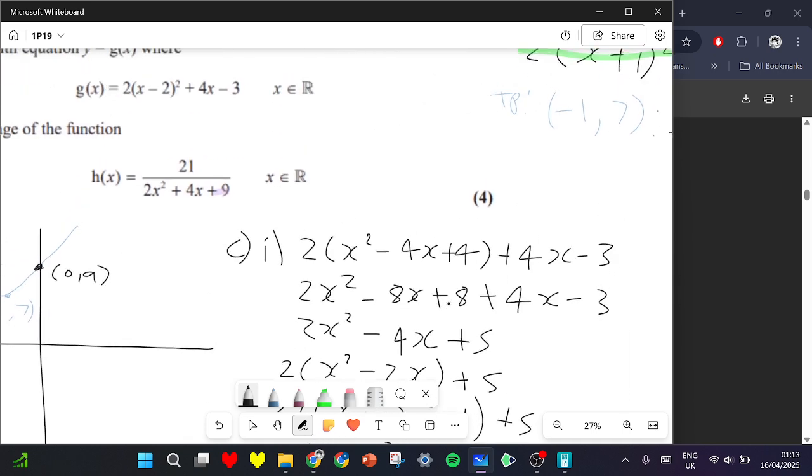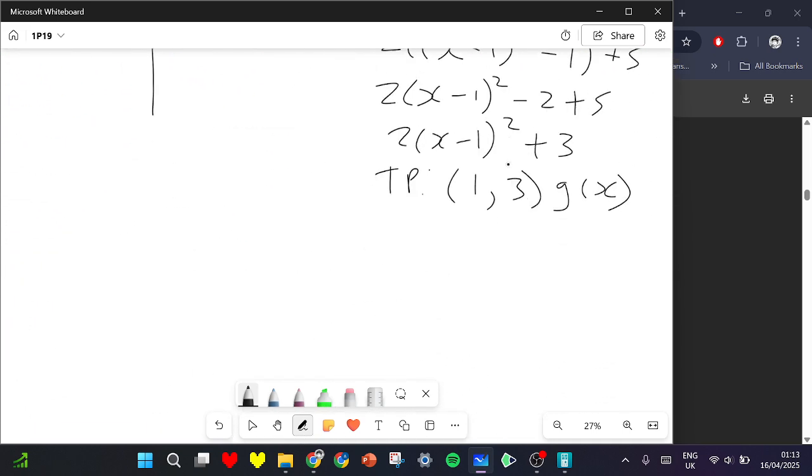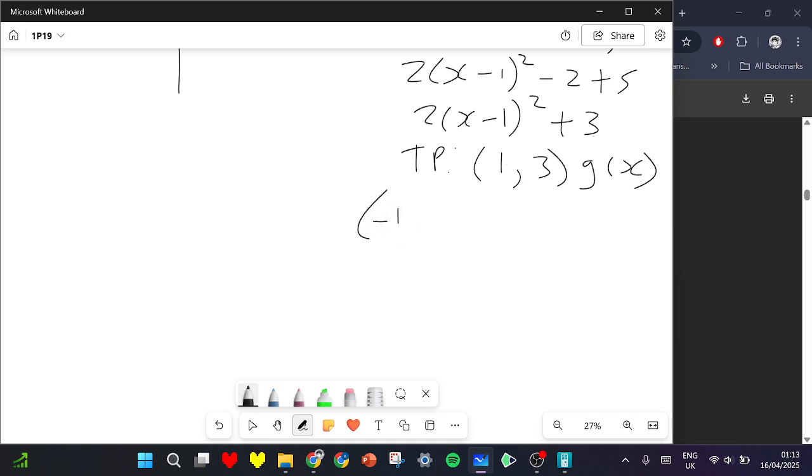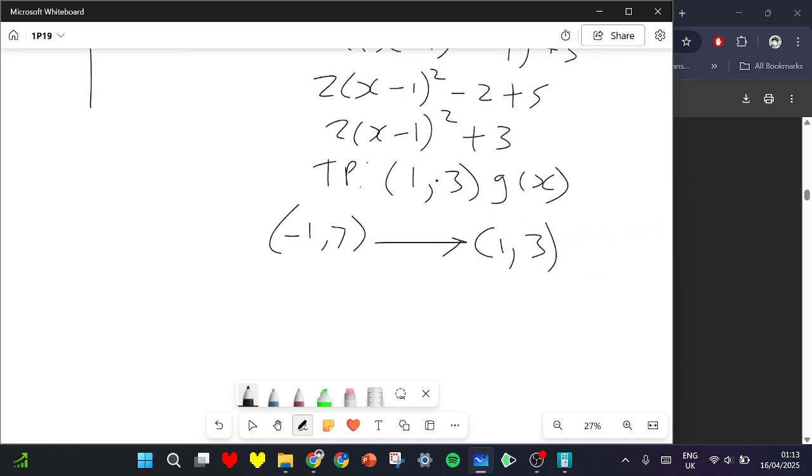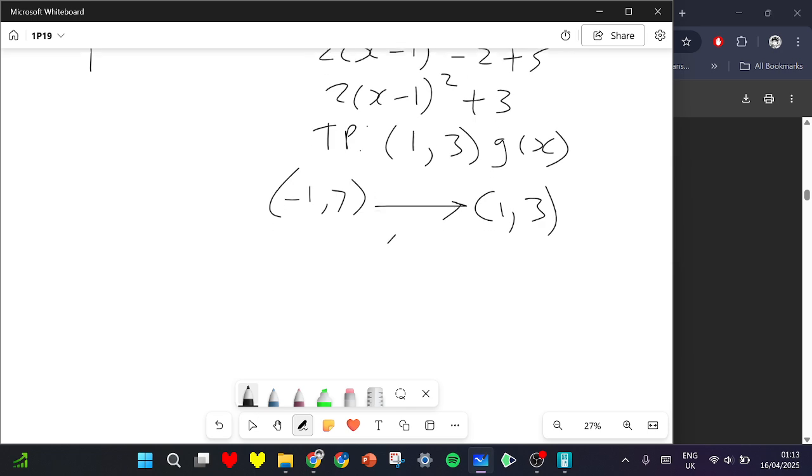So if we're going from minus 1, 7 to 1, 3, because we're going from f of x to g of x, it's going to be a translation. You do the change in x on the top and the change in y on the bottom.